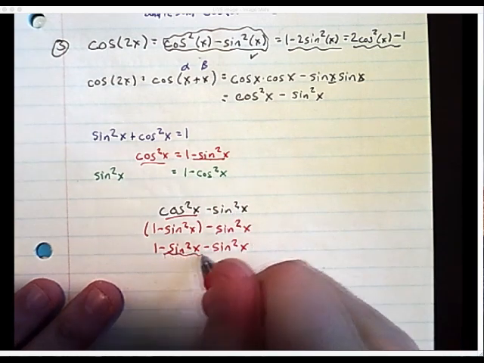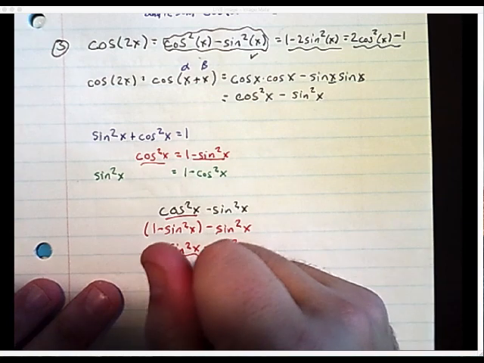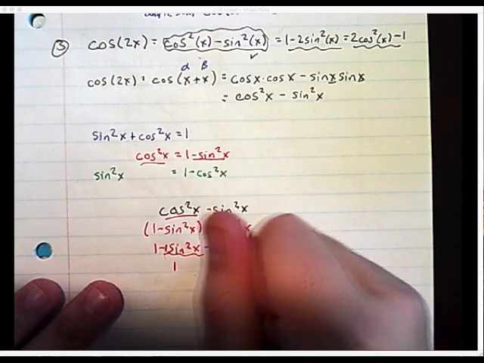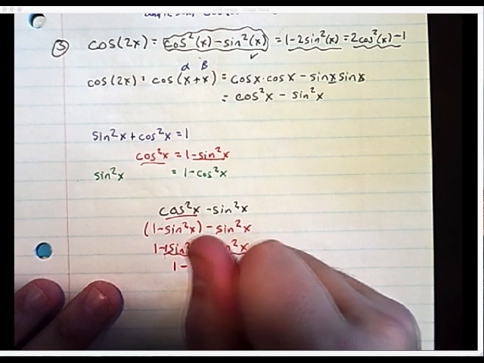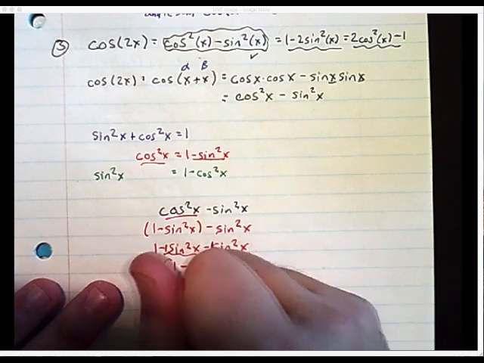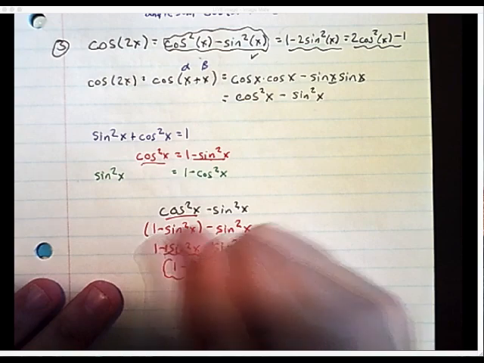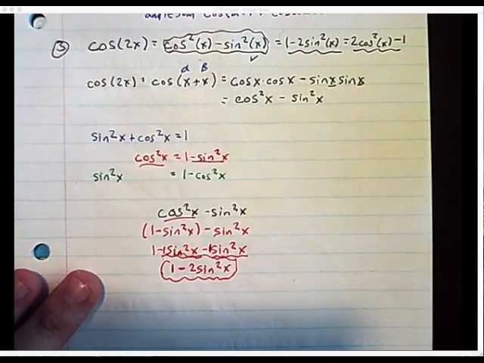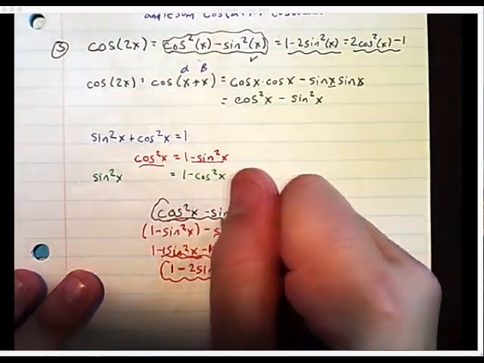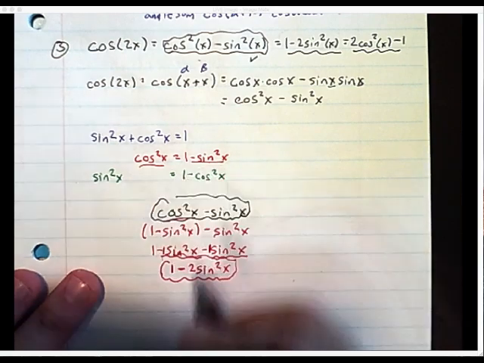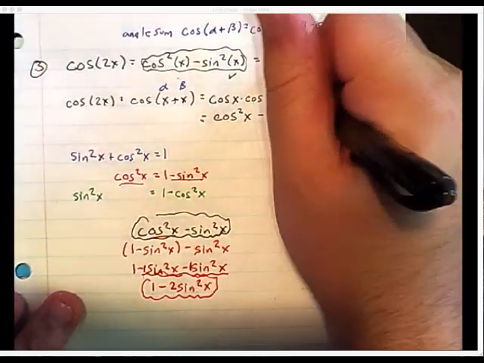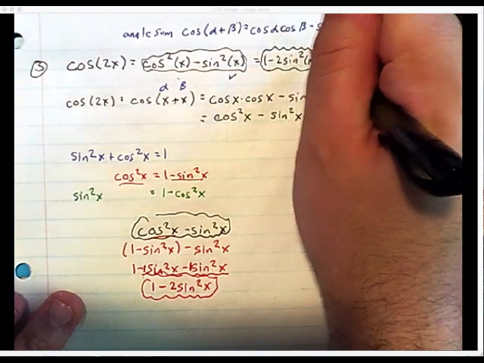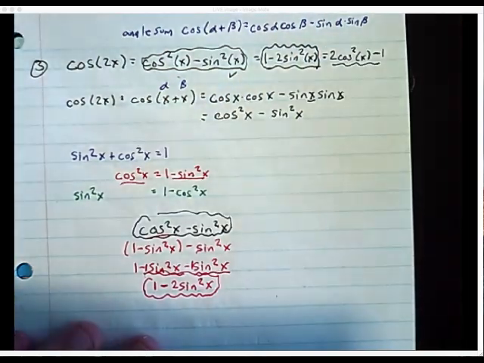Well, these are like terms, they can be combined, and the coefficients in front of both of them are negative 1. So negative 1 minus another 1 is negative 2. So I've just shown that cosine squared of x minus sine squared of x is also equal to 1 minus 2 sine squared.